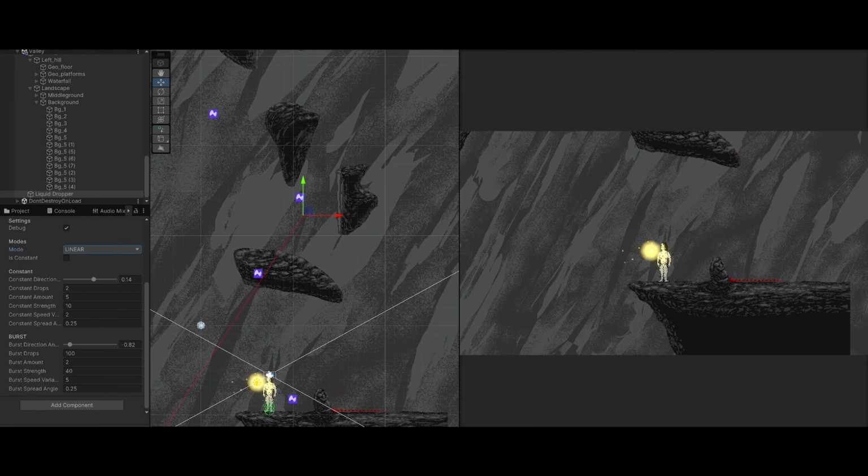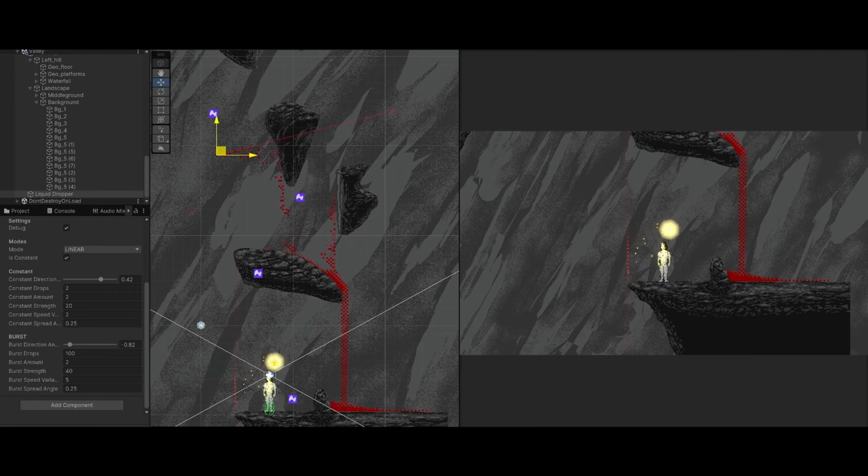Maybe a linear constant like this, you know. Maybe change the angle. That's weird, man. Sometimes it just gets stuck at the starting position, but like this, woo. I think I will reduce the amount, and you can see it working properly. Maybe more strength.